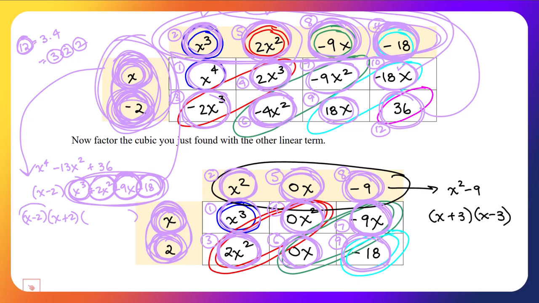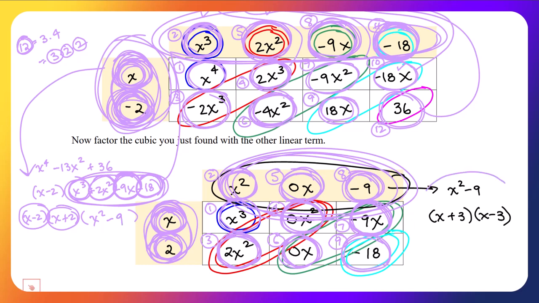So in this previous step, we factored out an x minus 2. This time we factored an x plus 2. And this polynomial is the second remaining factor. And of course, we can factor that again. So that this becomes x minus 2, x plus 2, x plus 3, x minus 3.